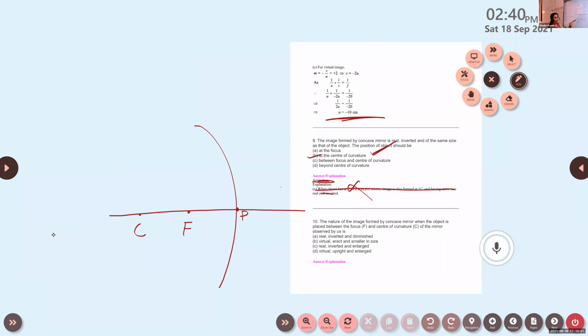The object is placed between the focus and the center of curvature, that is here. Where do we get the image? Beyond C. We get the image beyond C. Then what about its nature and size? Real and inverted, and it is enlarged. Option C is right.